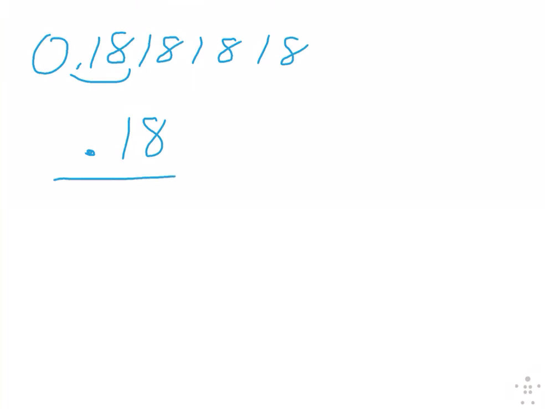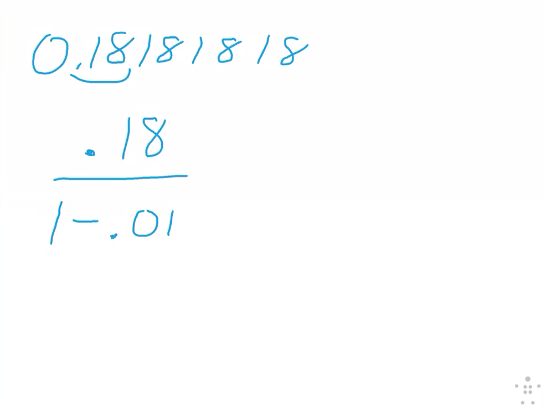Number 7. How many decimal places repeat? 2. Good. The 0.18 goes on the top, and on the bottom it's 1 minus 0.01. Why 0.01? Because it was 2 decimal places, or the hundredths, if you want to be technical.